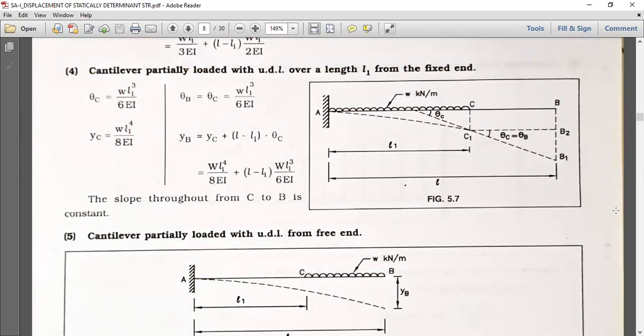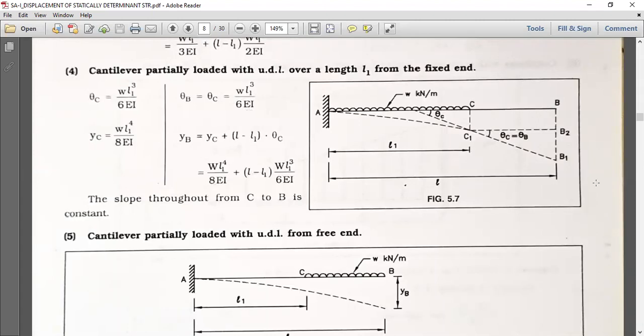Theta B is equal to theta C because both angles are similar. So theta C is equal to WL1 cube divided by 6EI, and theta B is the same, WL1 cube divided by 6EI.